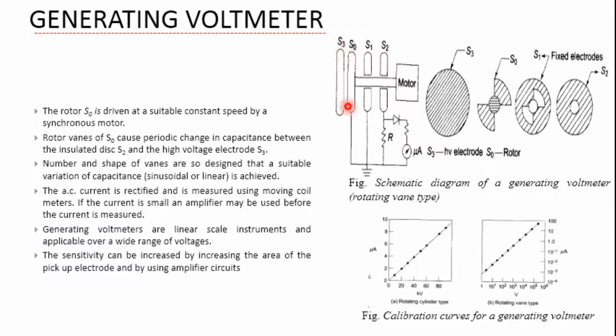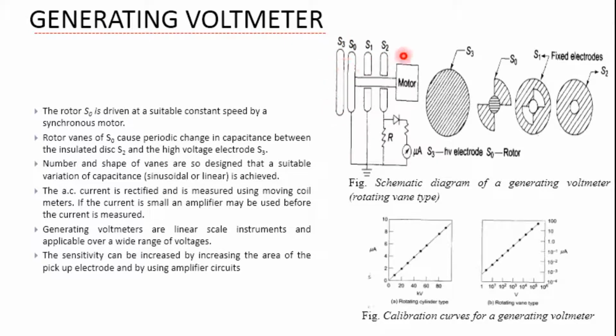S0 is driven at a suitable constant speed by a synchronous motor, at a speed of 1500, 1800, 3000 or 3600 rpm. The rotor vanes S0 will cause a periodic change in the capacitance between the insulated disc S2 and the high voltage electrode S3.